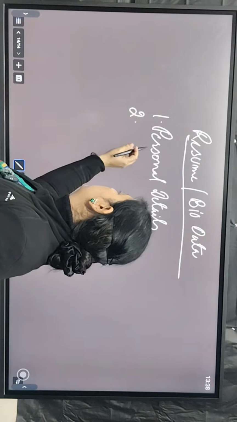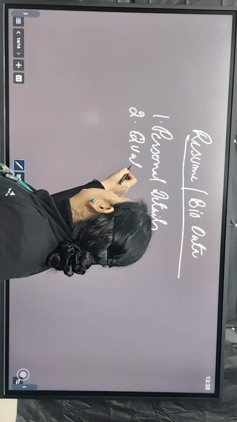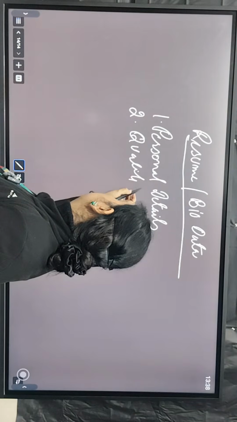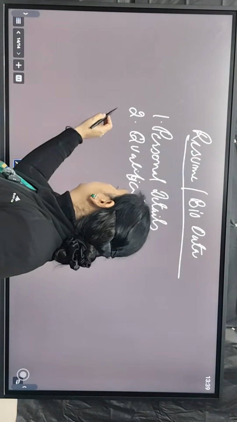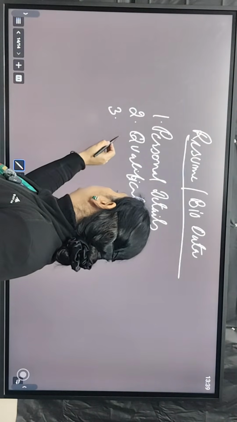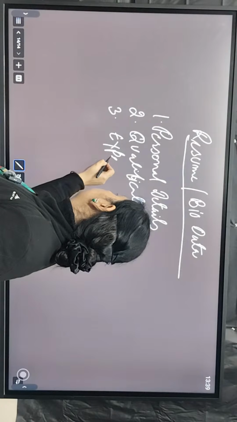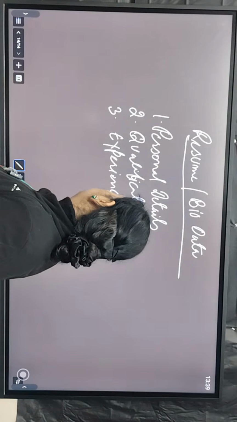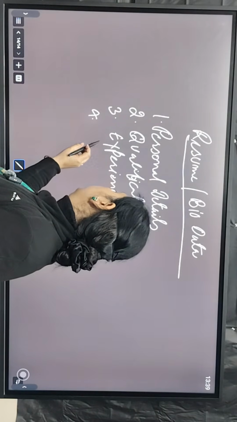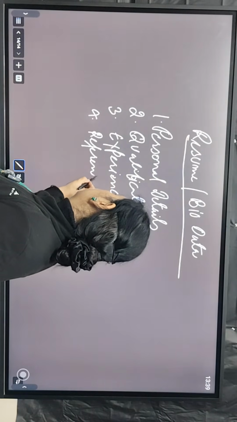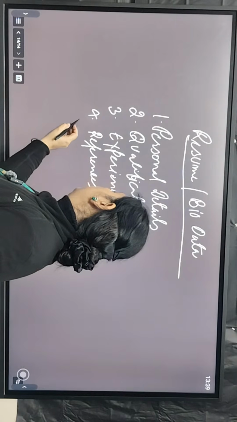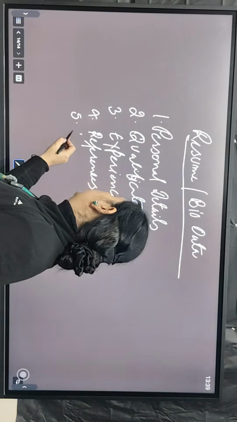Second is your qualification. Third is your experience. Fourth is your references. And then you have to give a declaration.